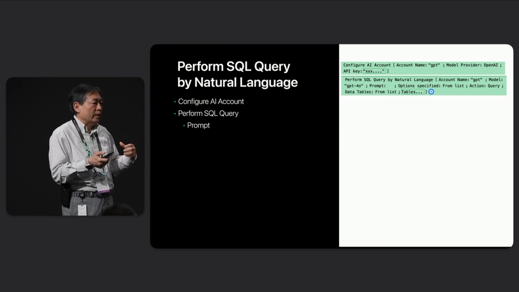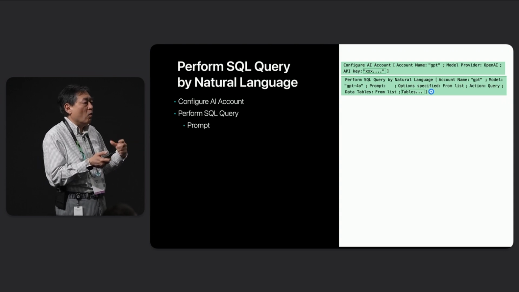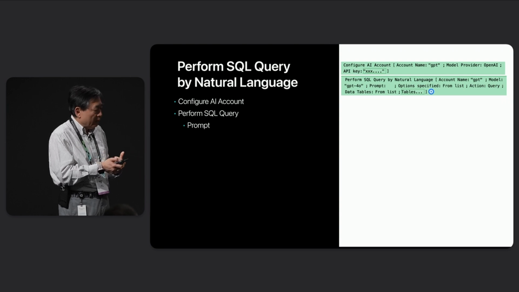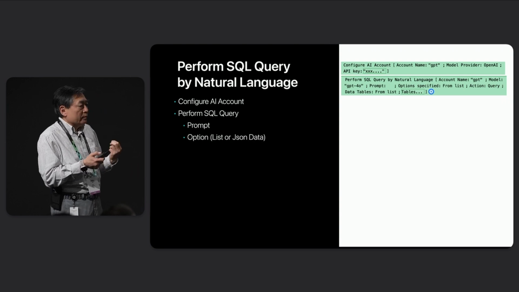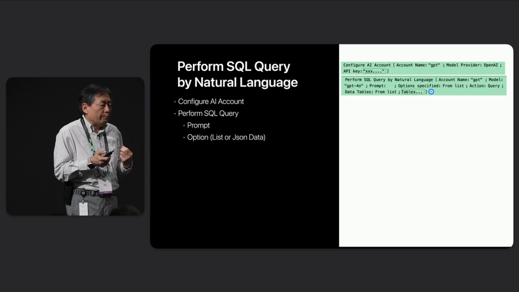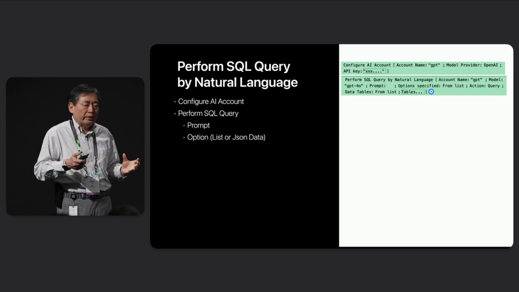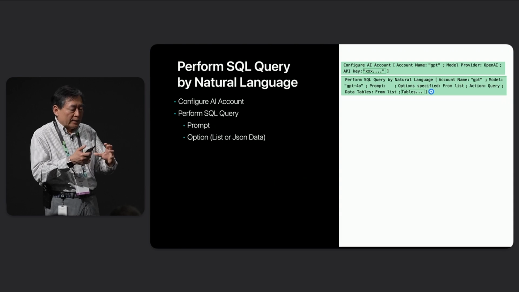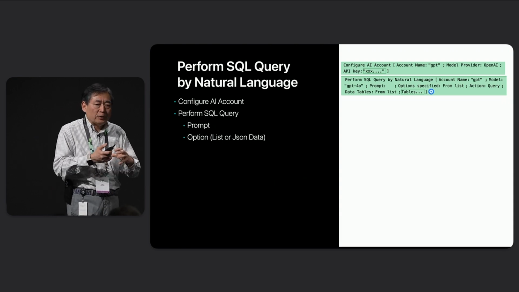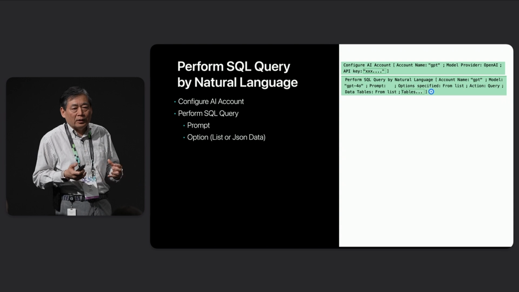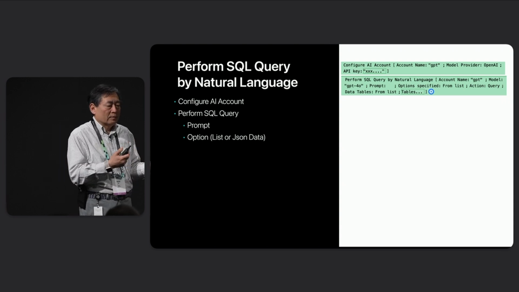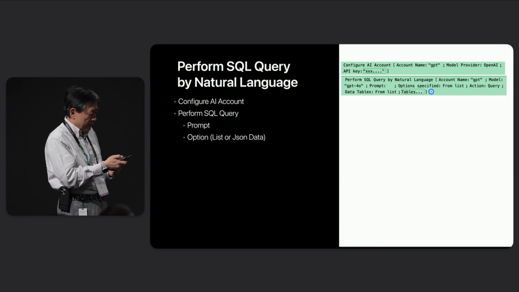You can enter direct text, use a variable, or use a field for that. And then there's an option for you to pick: you can go through the list one by one, or if you prefer, you make a JSON object with all the options, all the data definition language together, and just stick it in.